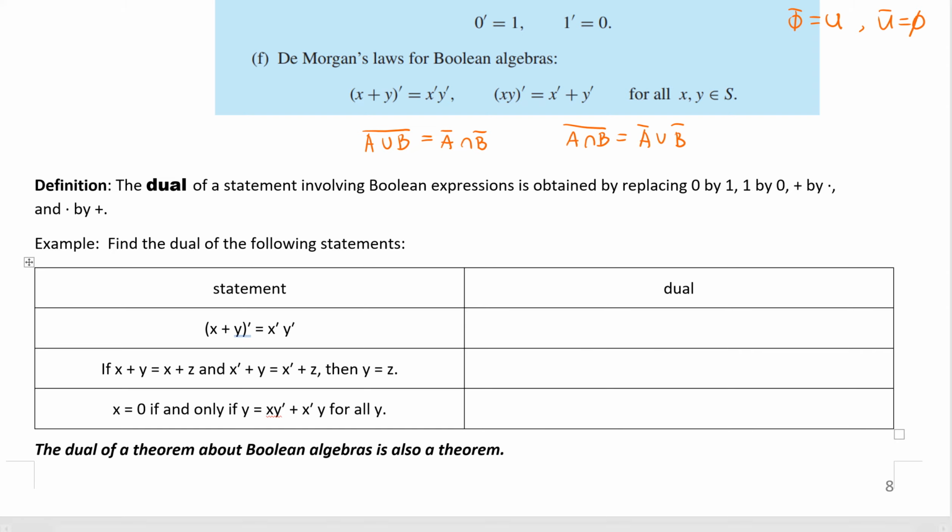When we see plus, change it to multiply, so it becomes x times y prime. And where it is multiplied, change it to plus, so x prime plus y prime. All the rest stay the same.